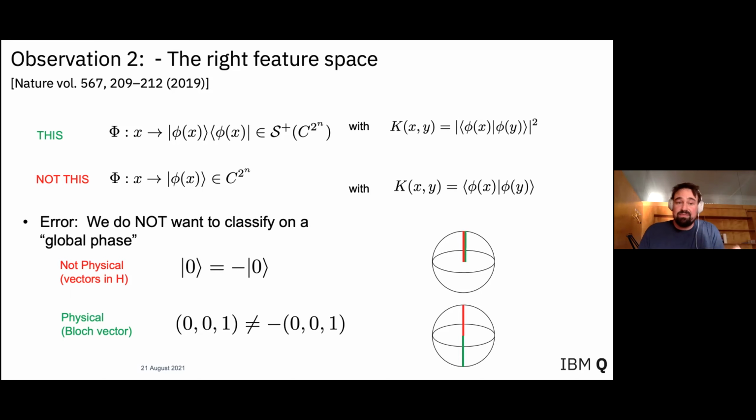So a simple trick is to look at the feature map you've mapped and realize that in Hilbert space, having phi of x and minus phi of x are physically exactly the same state. They're just equivalent up to global phase. Whereas if you work in density matrix space, having a minus sign on the corresponding Bloch vector, or the evolution, completely makes the state orthogonal. That's the next observation: which Hilbert space you want to work in.